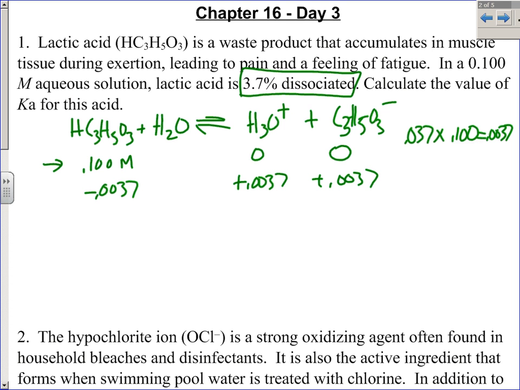Which then gives me my equilibrium concentrations. I know this is going to end up at 0.0963, and I know both of these are going to be 0.0037. And the question was, calculate the K for this acid. Well, we always start with the equilibrium expression.